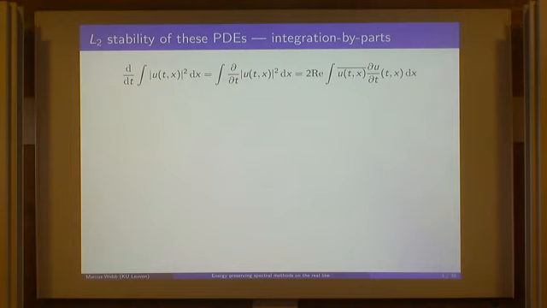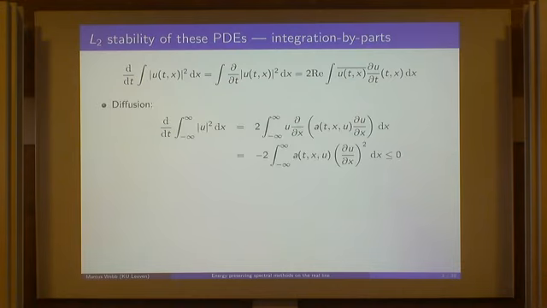So this is just expressing what the derivative of the L2 norm is in a simpler fashion. And for the diffusion equation, if you plug in what du by dt is into the expression, and then integrate by parts to get from this line to the next, the assumption that A was positive gives you that the derivative must be non-positive.